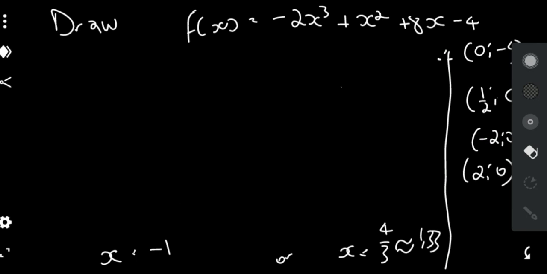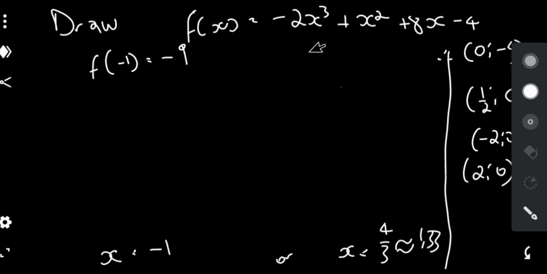So if you substitute negative 1 into f of x in our original equation, this is the value you're going to get: -2 times (-1) cubed plus (-1) squared plus 8 times (-1) minus 4. You're going to get -9.